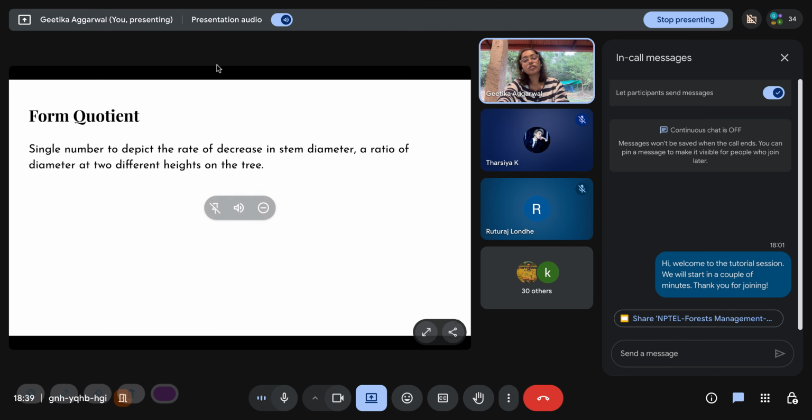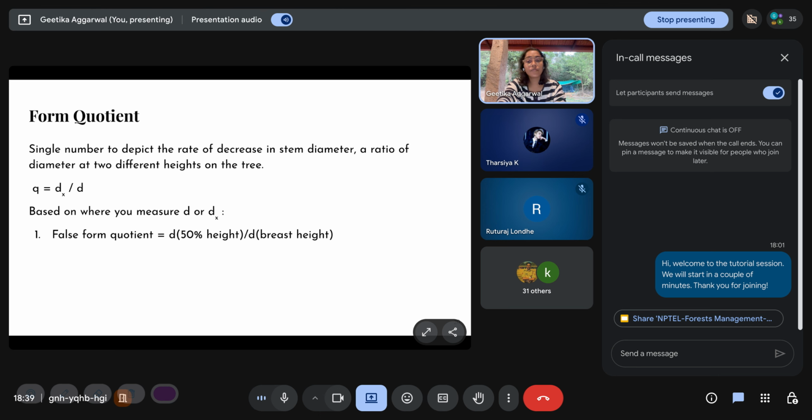So form quotient, as I said, is a single number that depicts the rate of decrease in the stem diameter. Now there are different types of form quotients which depend on where you are measuring the diameter. As before, they depend on where the diameter is being taken from.